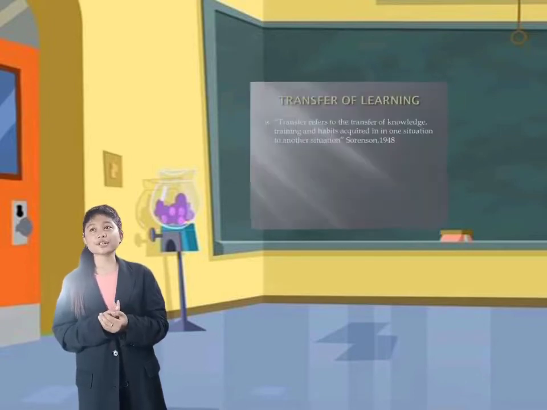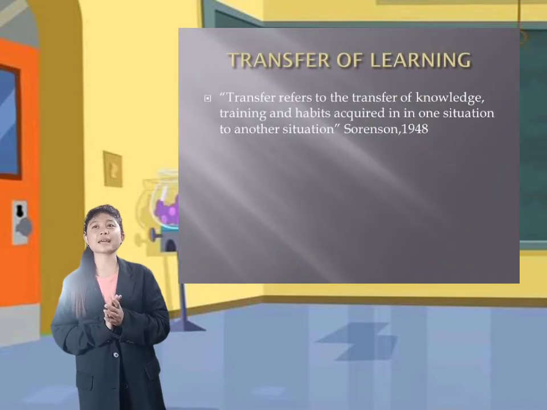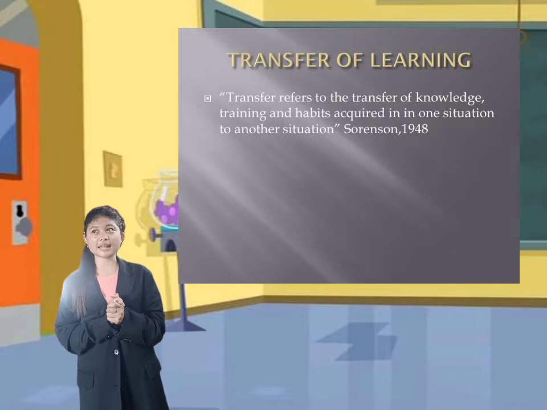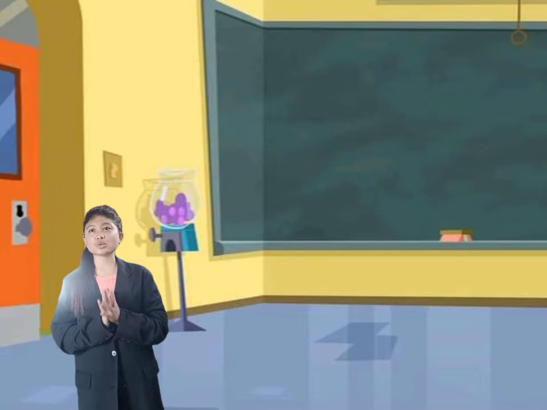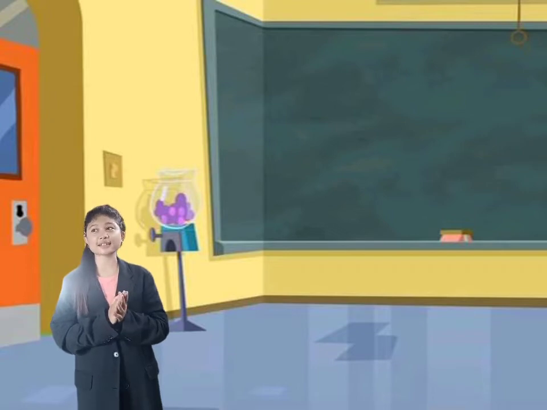Transfer of learning, according to Sorenson in 1948, refers to the transfer of knowledge, training, and habits acquired in one situation to another. Transfer of learning is also the ability to apply what was learned in one context to a new context.